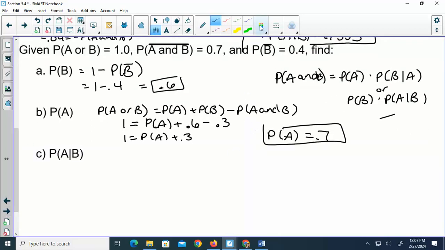So now if I want A given B, and we have a couple different variations, but probably the easiest would just be here. Probability of A and B, we said, was 0.3.